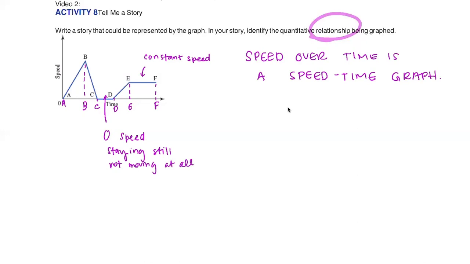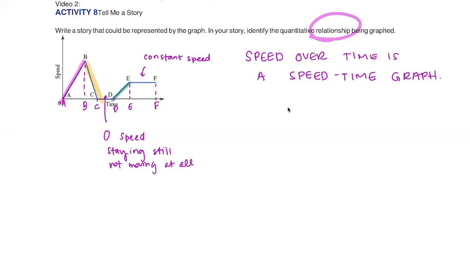What we haven't seen yet is what happens in a speed time graph when the lines are angled. They're not just horizontal. So I'm going to color coordinate those. We have A to B we want to talk about. We have B to C we want to talk about. And we have D to E we want to talk about. What do I notice?